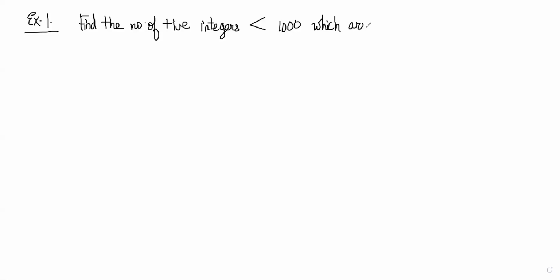A very simple question, the typical question for this type, is: find the number of positive integers less than 1000 which are neither divisible by 5 nor by 7.